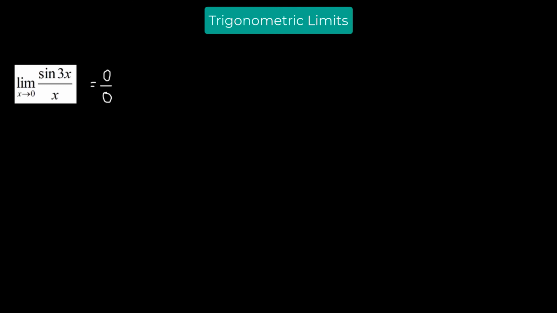So we are going to use the definition that the limit of theta going to 0, if we have sine theta over theta, is equal to 1. So let's use this definition here.